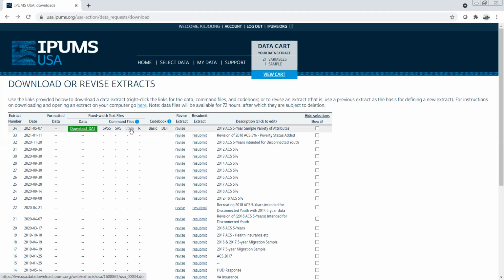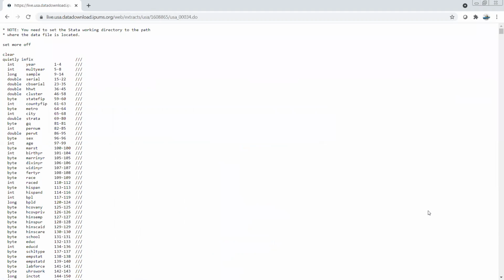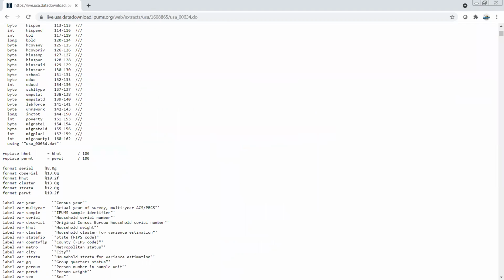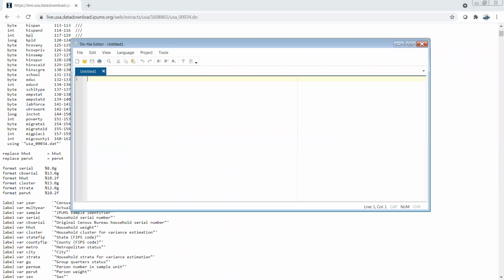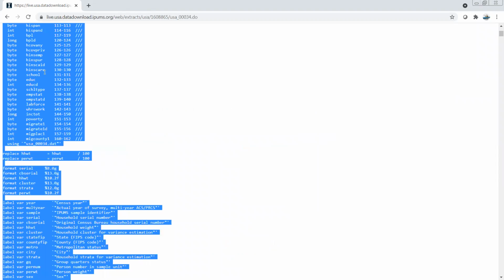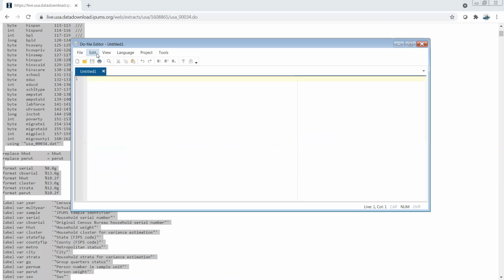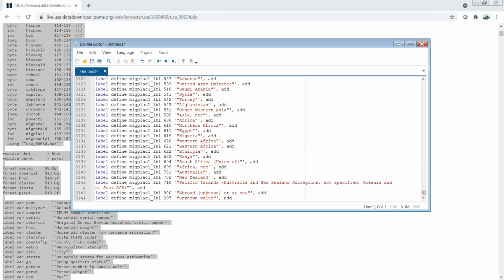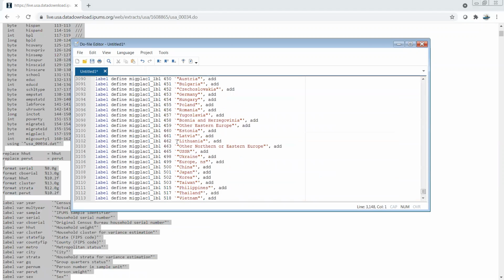If you click on Stata, it will give you the code that looks like this that will allow you to import. You can simply copy and paste it into Stata, and you have the code that will read the CSV file. The only thing you would have to change here is the location of the file.